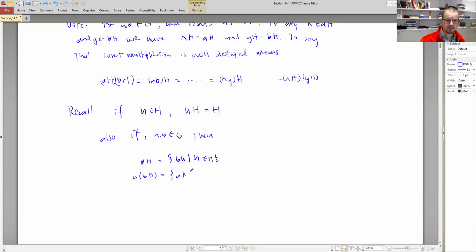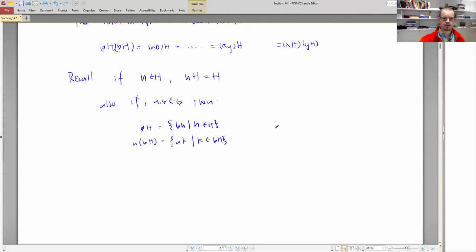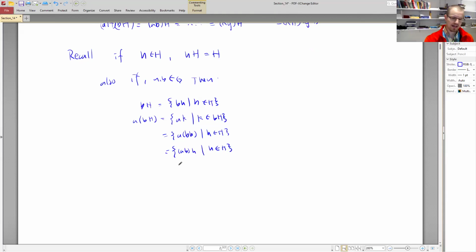So this would be a times k, where k is in bH, but I can represent the things in bH as b times something from H. So this is a times bh, where h is in H. But this is just a multiplication of elements, so now I can apply the associativity in G to get a times b times h, where h, of course, is still an element from H. And then finally, I can recognize that as abH.